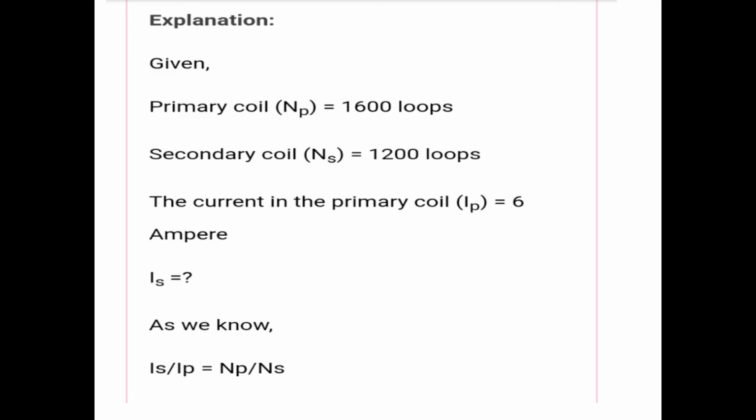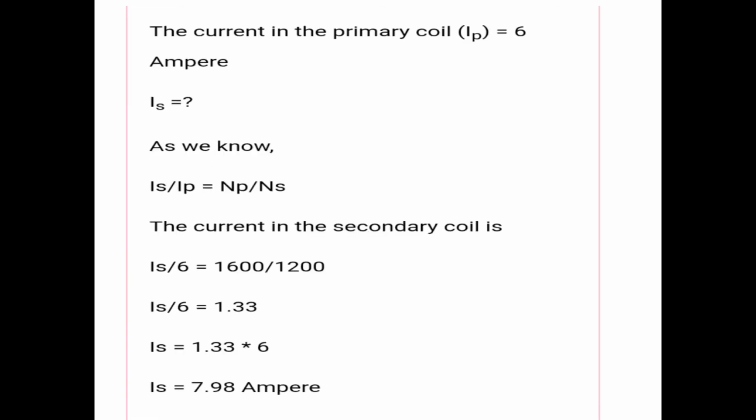As we know, IS upon IP, the current in secondary to the current in primary, is equal to the number of turns in primary upon the number of turns in secondary. So IS upon IP is equal to NP upon NS.